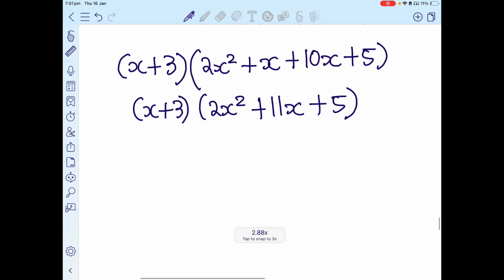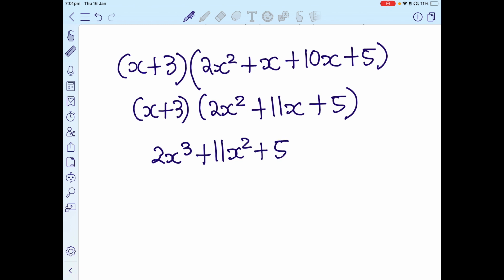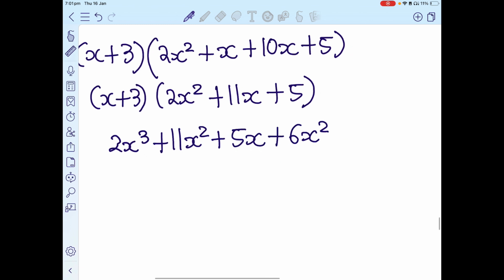After that, I multiply this with x plus 3. So x into 2x squared will be 2x cubed, x into 11x would be 11x squared, x into 5 will be 5x, 3 into 2x squared is 6x squared, 3 into 11x is 33x, and 3 into 5 is 15.